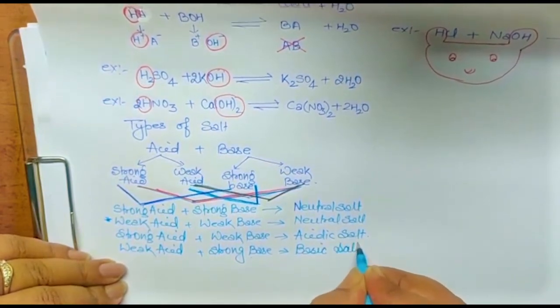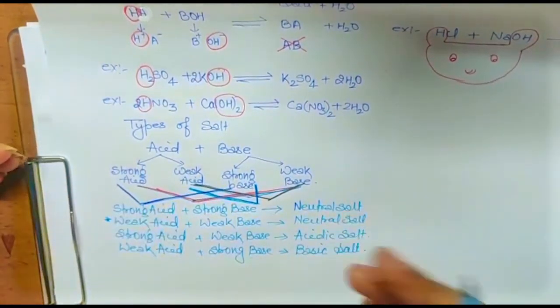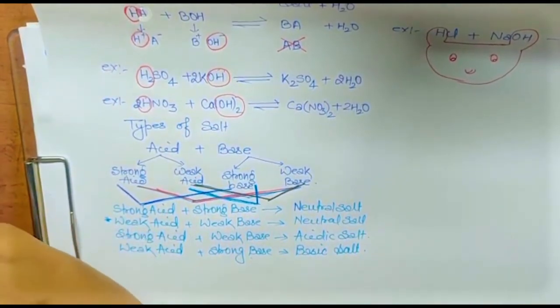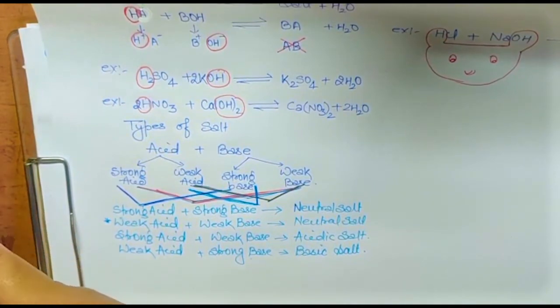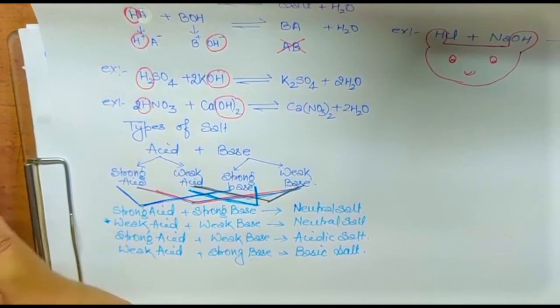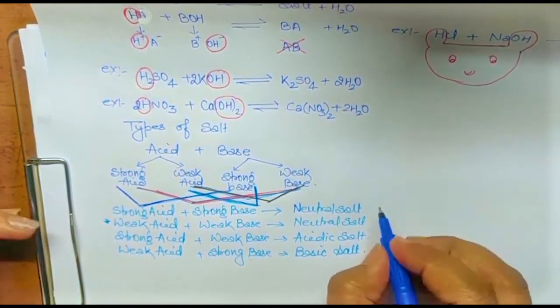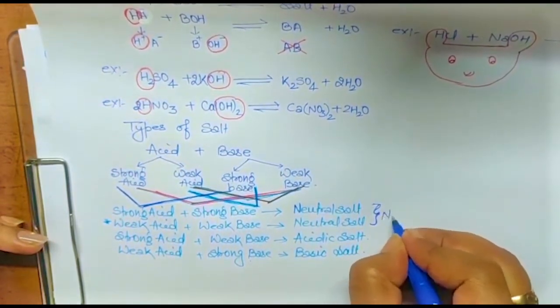Clear, dear? Actually, in general, class 10th तक what we say, whenever the acid and base react to form salt and water, that reaction is called neutralization. Got it? Acid and base react with each other to form salt and water. What type of salt? It doesn't matter. Okay? So that is called neutralization. But specifically, if you see, these two reactions only are known as neutralization reactions.